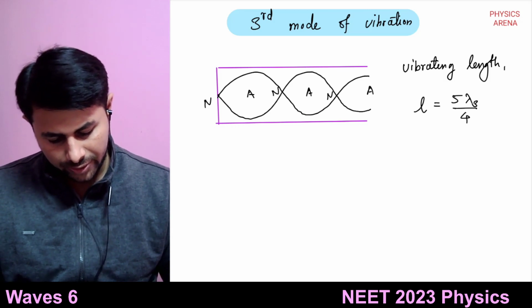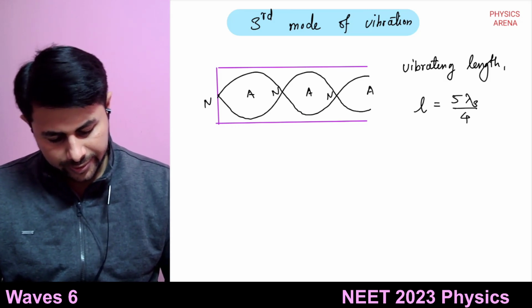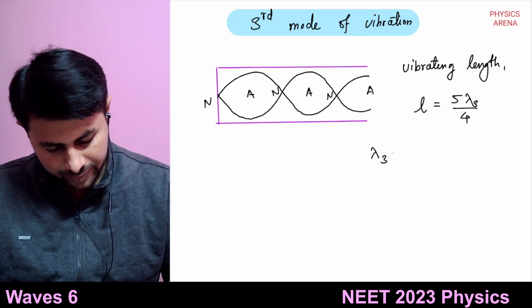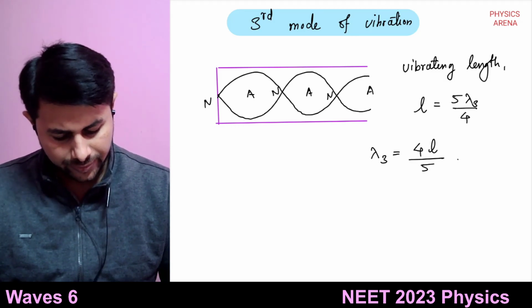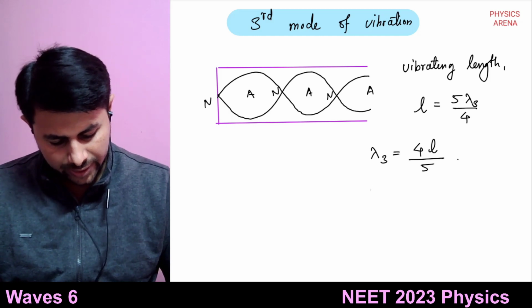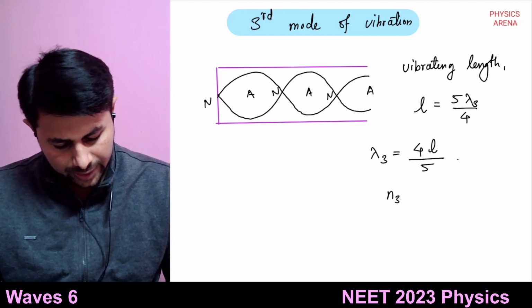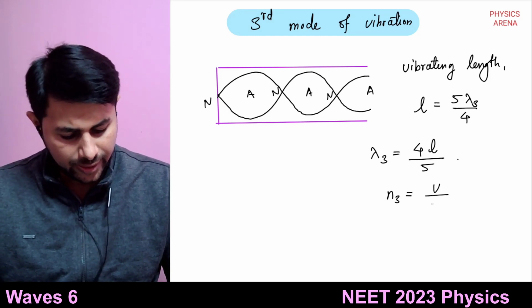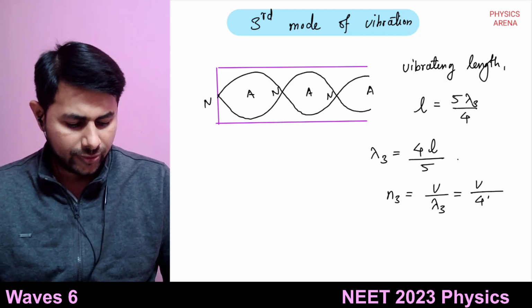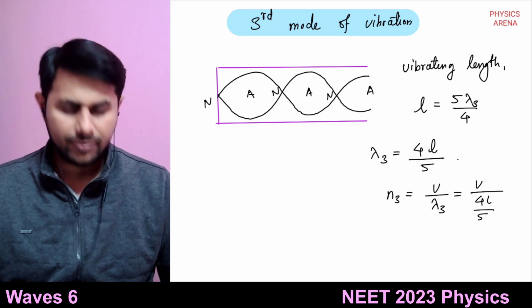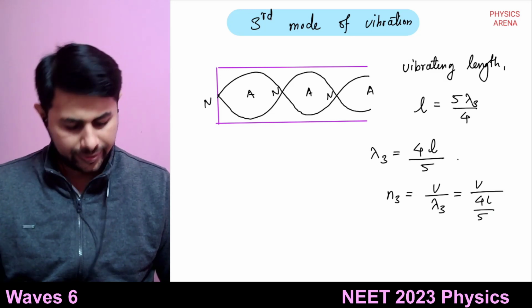So here you can say that lambda 3 is equal to 4L divided by 5, and therefore N3 is equal to V upon lambda 3, that is V divided by 4L divided by 5. The 5 goes to the numerator.